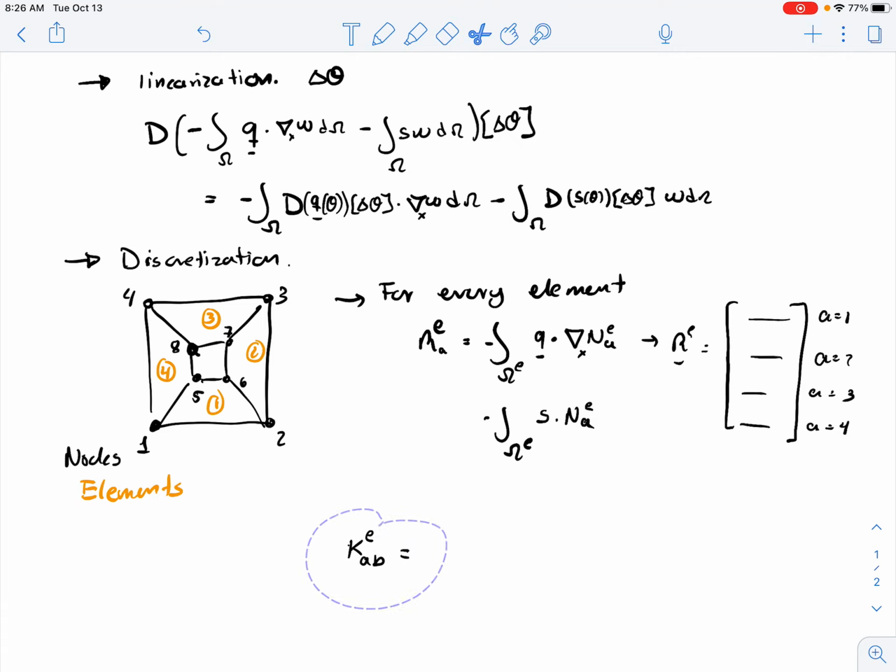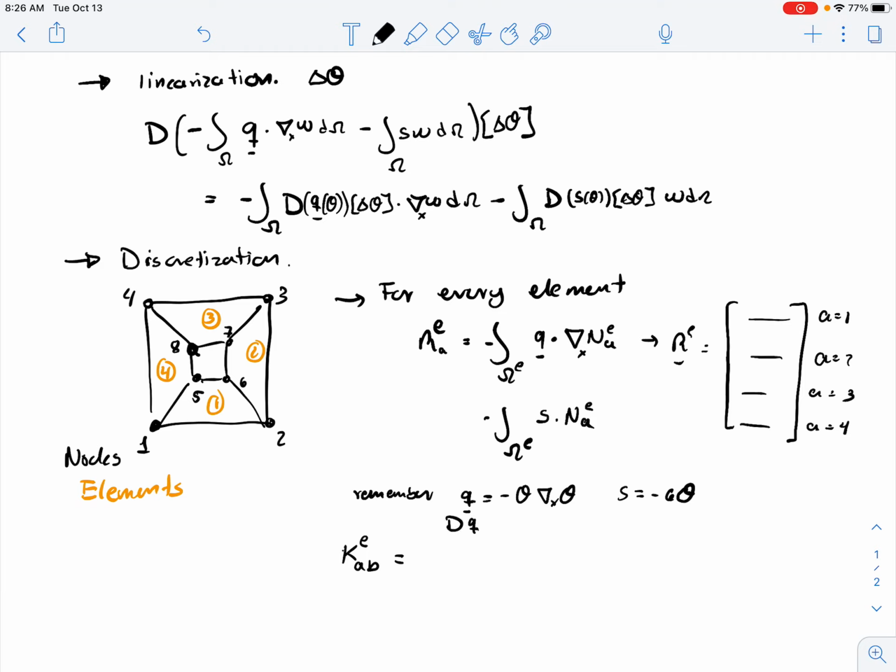For this one, for the K, because I need to do the linearization, let me just remind that Q equals minus K gradient theta. And K depends on theta, right? And then S equals minus 6 theta.